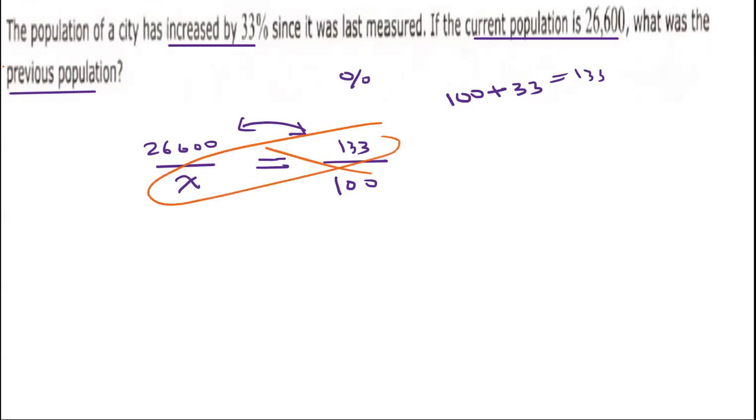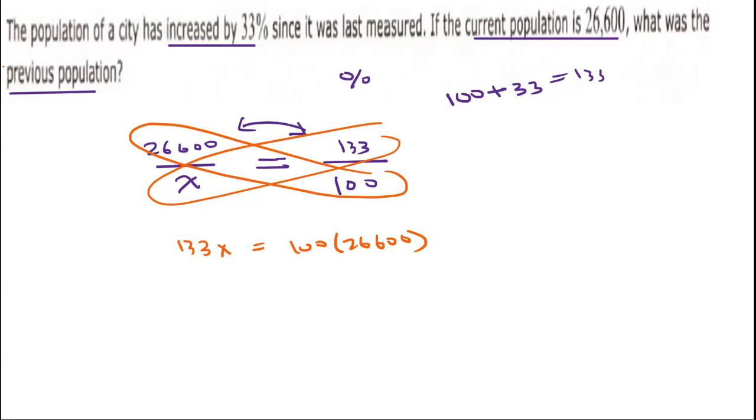Multiply these guys, multiply these guys. So we get 133x equals 100 times 26,600 and divide by 133. So x gives us 20,000.